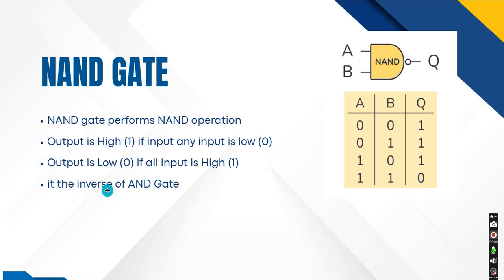And we see it is the inverse of the AND gate. For example, when we're dealing with AND gates, 0 and 0 should have given us 0, and the inverse of 0 is 1. 0 and 1 gives us 0, the inverse of 0 is 1. 1 and 0 should have given us 0, but the inverse of 0 is 1. 1 and 1 should have given us 1, but the inverse of 1 is 0.